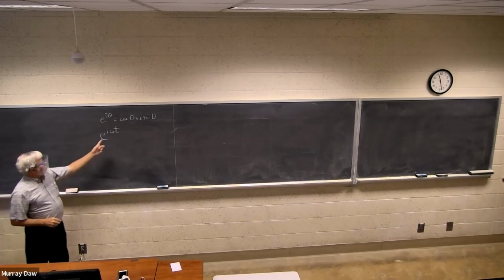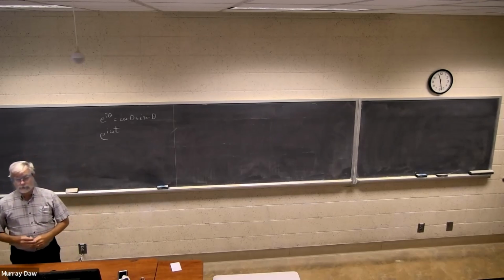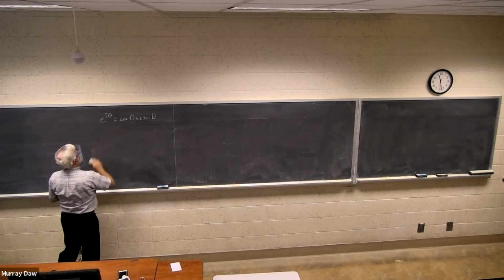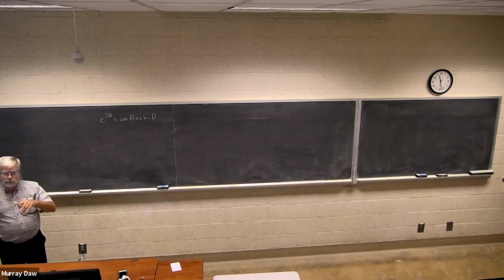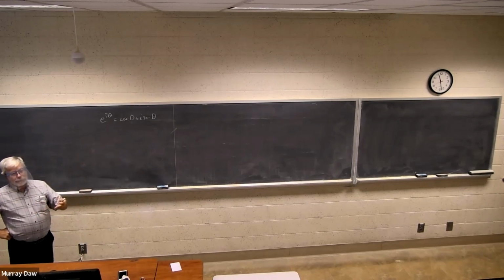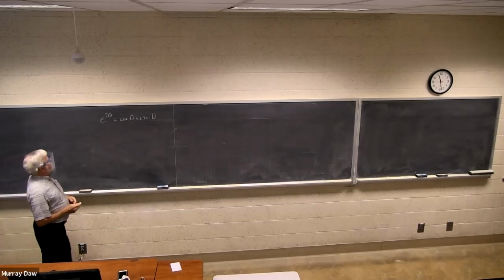We have this omega t that is like an angle, but there may be no angle actually involved, just oscillatory motion. Let me just work on this, and we'll come back to the connection between this relation and why it's kind of funny, because it looks like there's an angle involved.